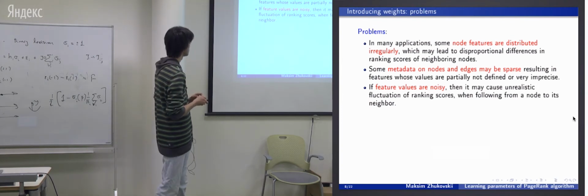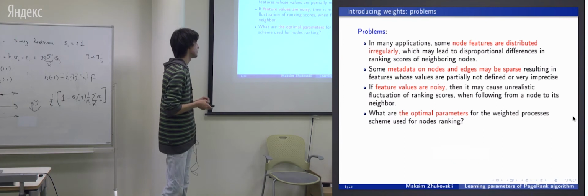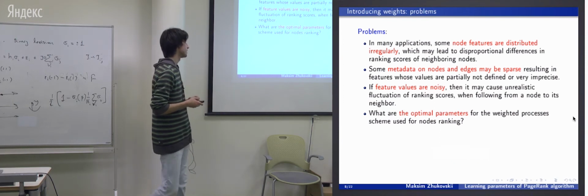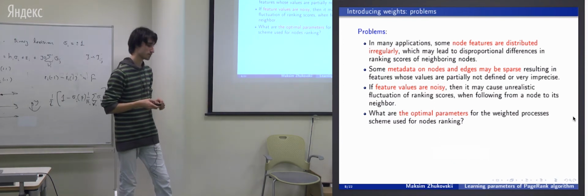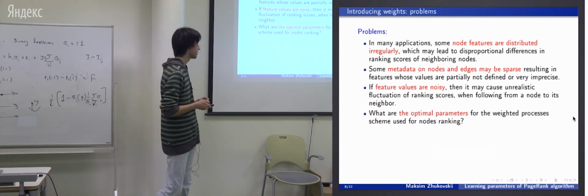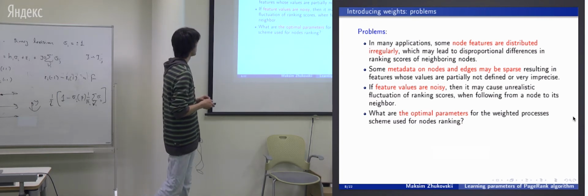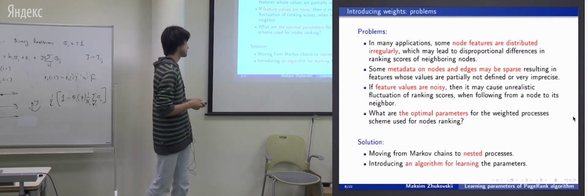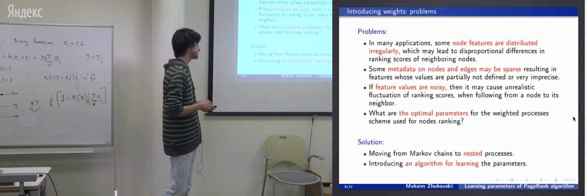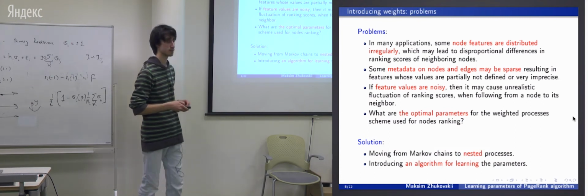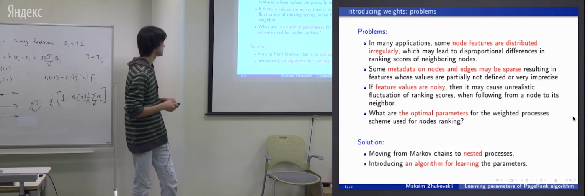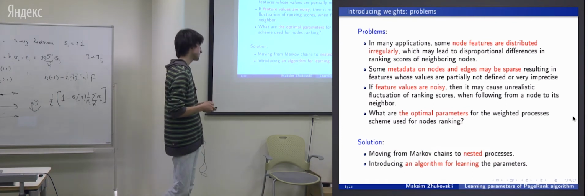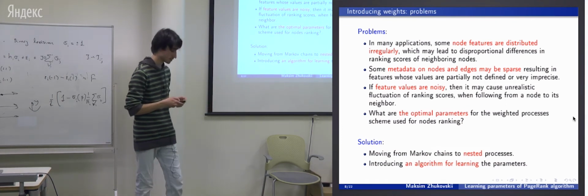And the last one, of course, is that we should have some learning process to learn the parameters of our algorithm. We propose a solution to these problems. The first solution is to define nested processes, and it solves the first three problems. And the last one, we introduced an algorithm for learning the parameters.